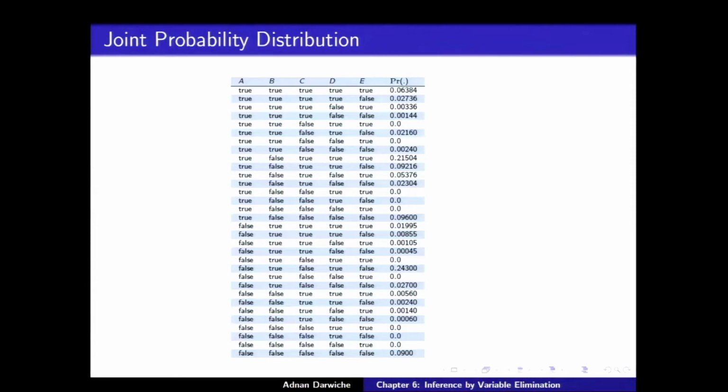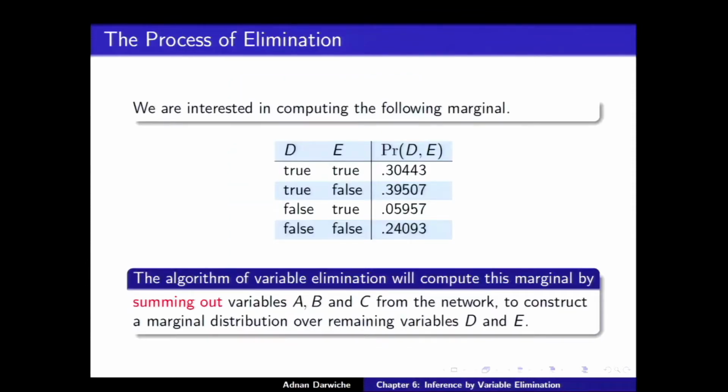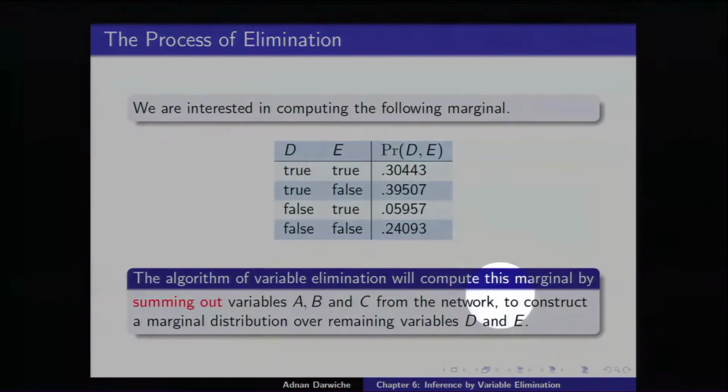So now suppose that what I want to do is compute the marginal over the variables D and E. That means I have to eliminate the variables A, B, and C from that joint distribution to get this particular marginal.